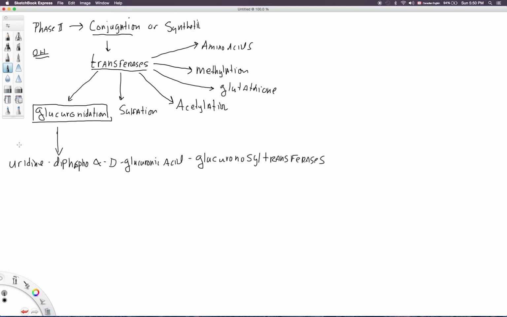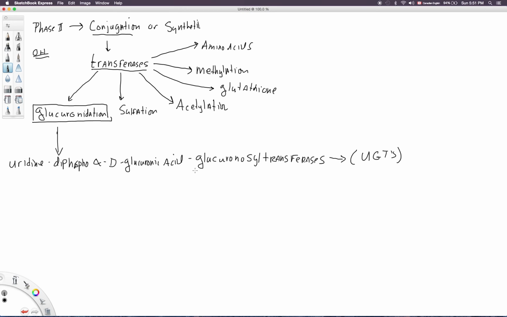Okay, so uridine diphospho alpha D glucuronic acid, glucuronidation. Those are the specific enzymes involved, or we can simply call these UGTs. Okay, the UGT enzymes are what are ultimately involved.